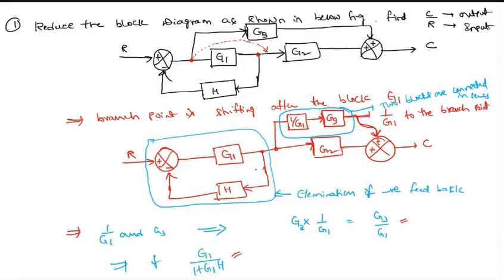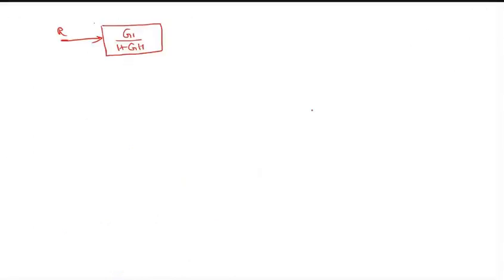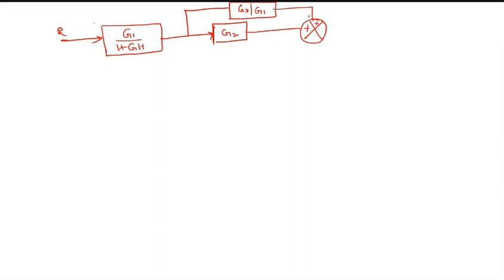The entire block I'm going to write as G1 by 1 plus GH. Then instead of this, I'm going to write G3 by G1. Here G2 is as well. Here there is a summing point. Both will be pluses.